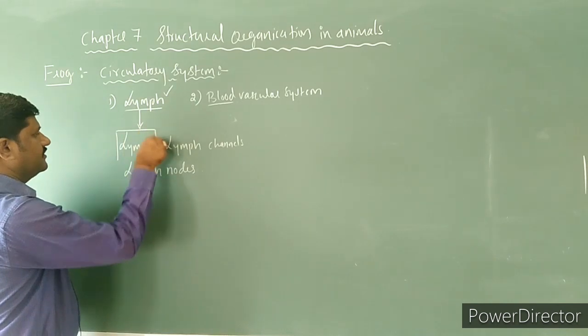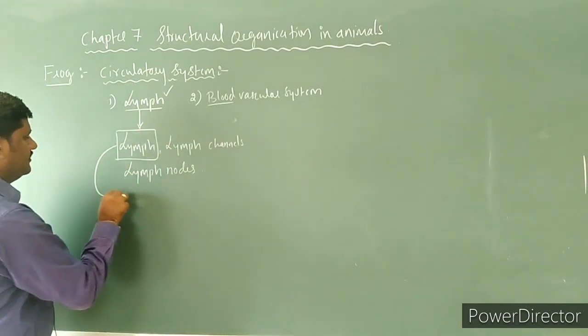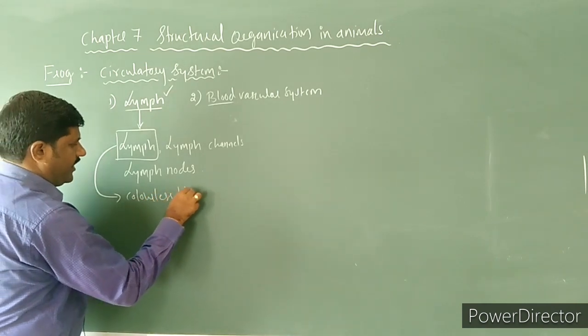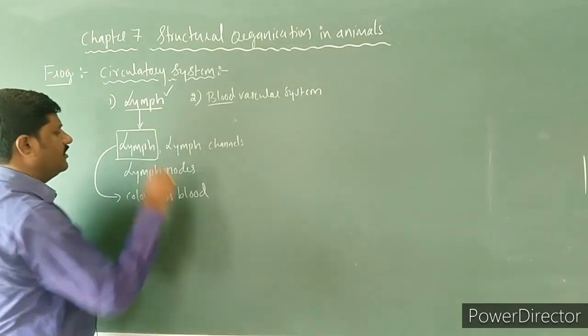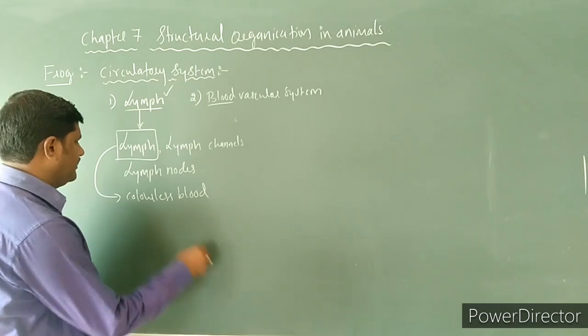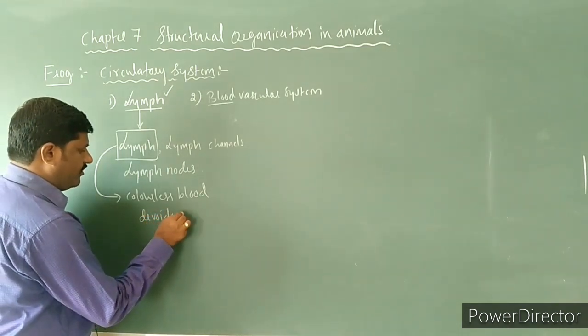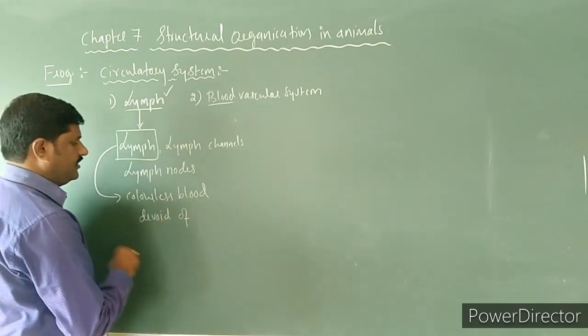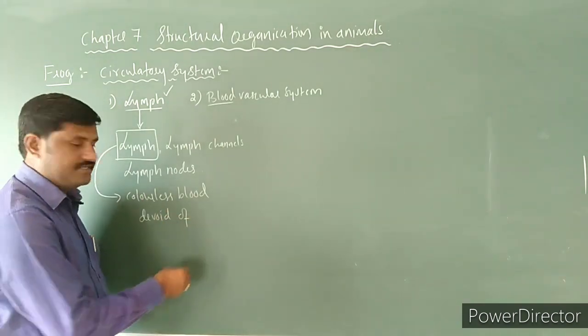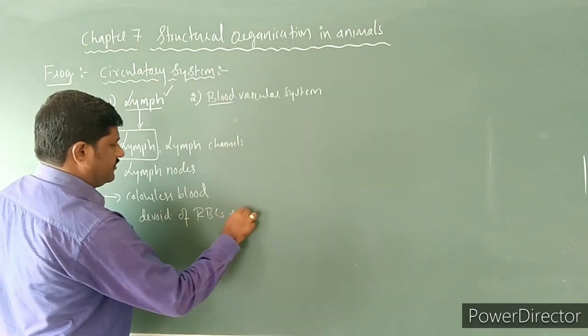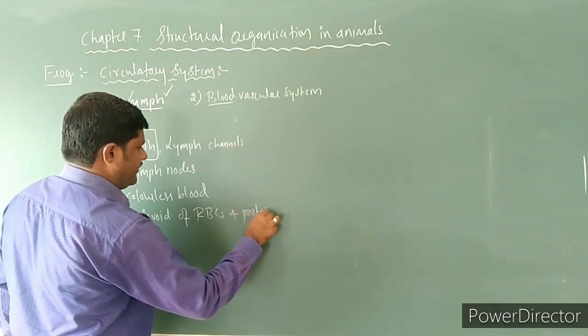So lymph is said to be the colorless blood. Why is it called colorless blood? It is because it is devoid of, meaning absence of, RBCs as well as some of the proteins.